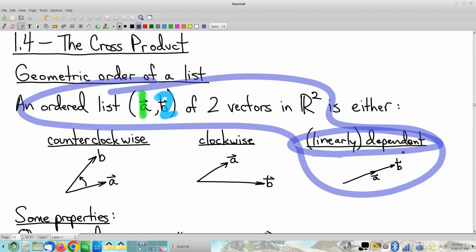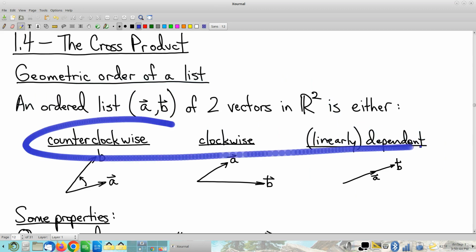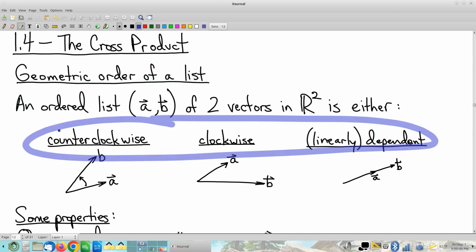Well, it doesn't matter if the answer is neither. That's right. In other words, if A comma B is dependent, then B comma A is also dependent. Okay. So, these annoying examples included, there are now 3 different versions here: clockwise, counterclockwise, and dependent.